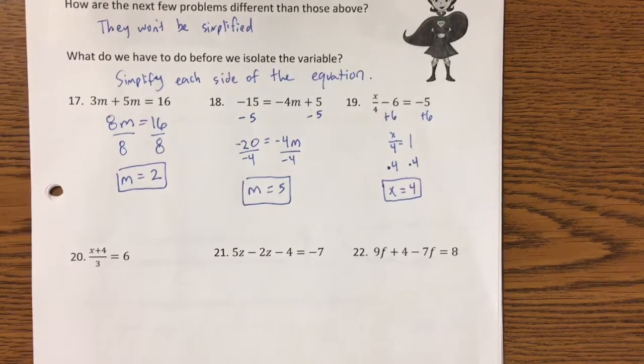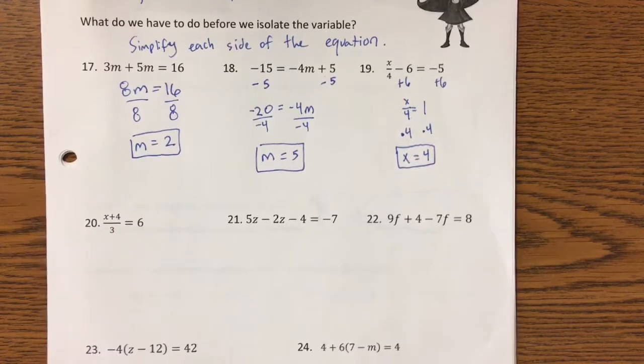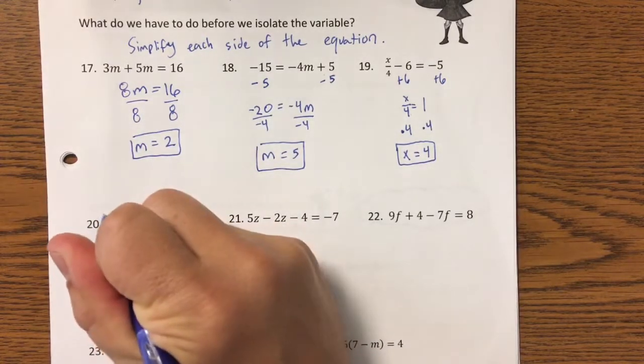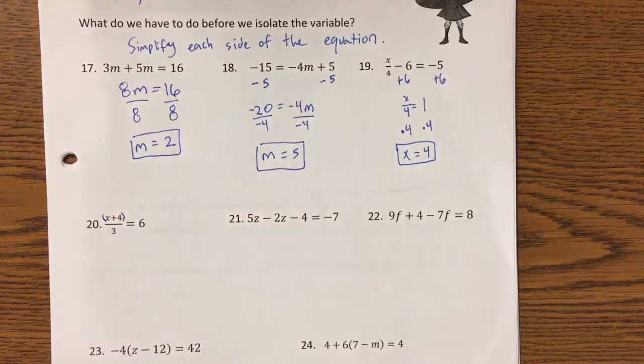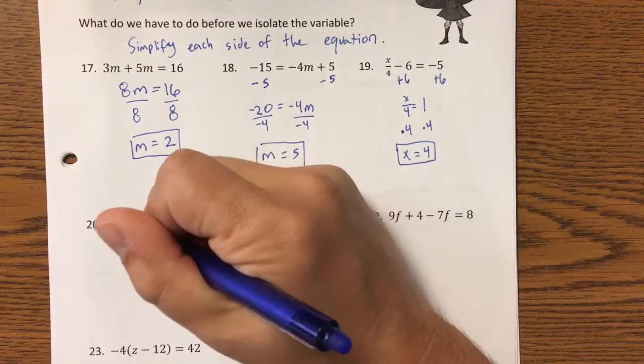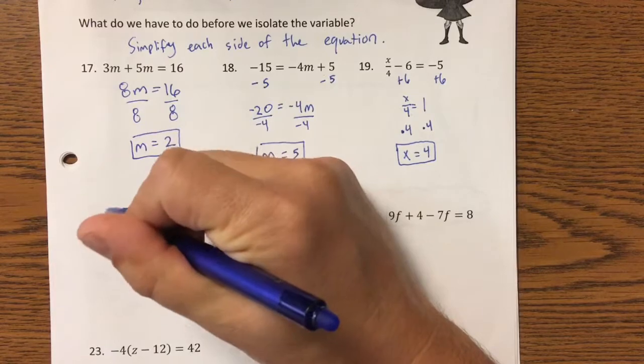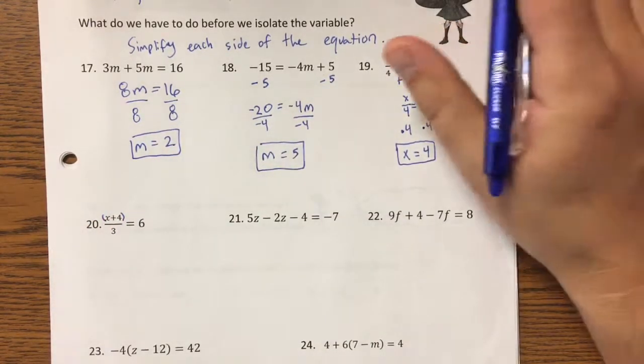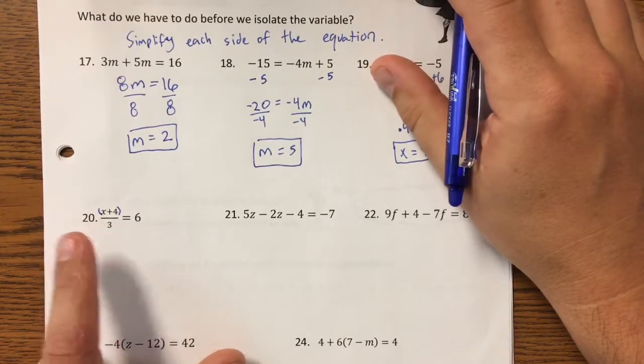All right, number 20. x plus 4, all divided by 3, equals 6. Okay, so this one's kind of weird because you have an implied set of parentheses here. So this is going to actually switch up the order of what you do. It's going to be a little different, okay? So if you have addition or subtraction in the numerator of a bigger fraction, then you actually have to take care of that denominator first.